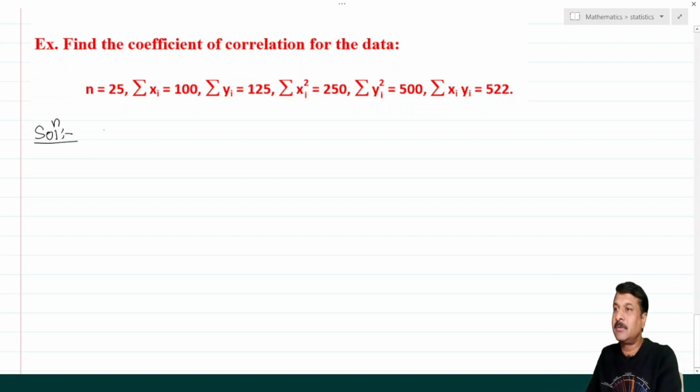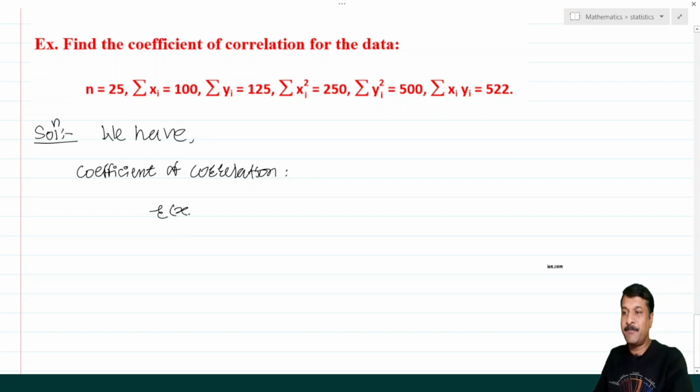So solution. What do we want to find? We want to find the coefficient of correlation. We have the formula, coefficient of correlation r of xy. Here all values are given in the form of xy. So I will write r of xy equal to covariance of xy upon sigma x sigma y. So what is the covariance of xy?